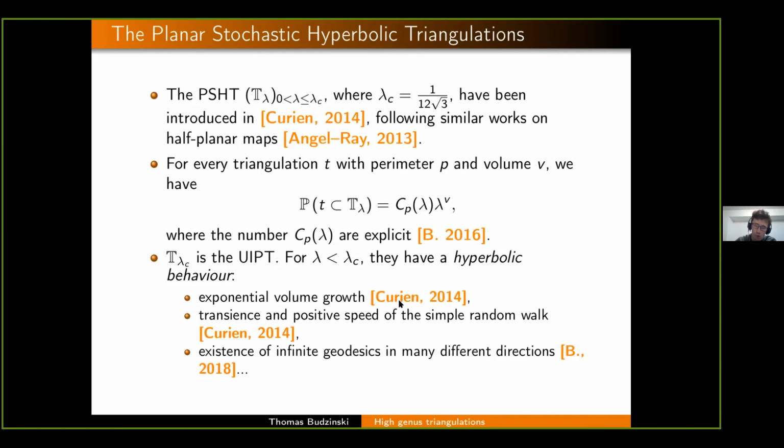The simple random walk is transient and escapes from the root very quickly at positive speed, which is also something that happens, say, in the hyperbolic plane and not in the Euclidean plane. There are many infinite geodesics escaping in many different directions and so on.